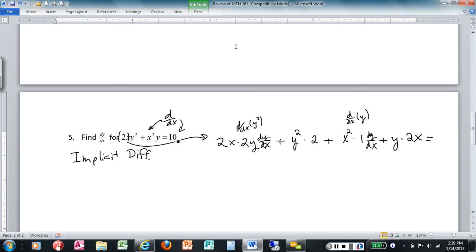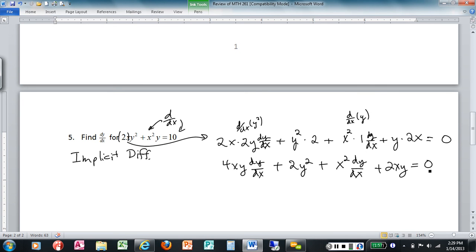Now what about the derivative of the right side? It's a constant, so it's 0. So I have 4xy dy dx plus 2y squared plus x squared dy dx plus 2xy equals 0.